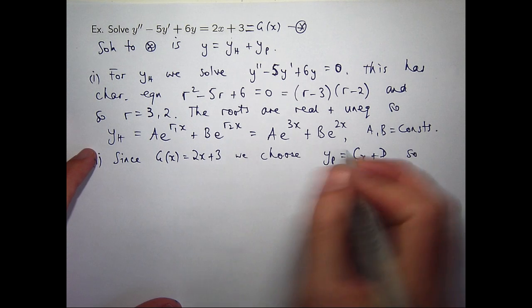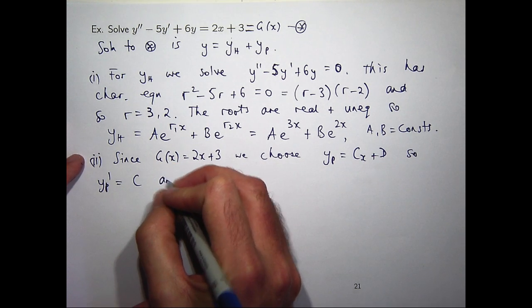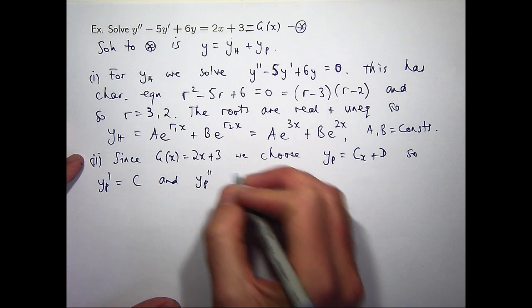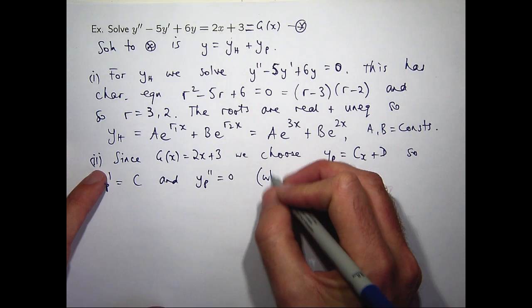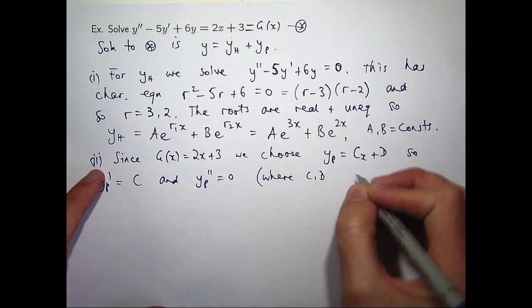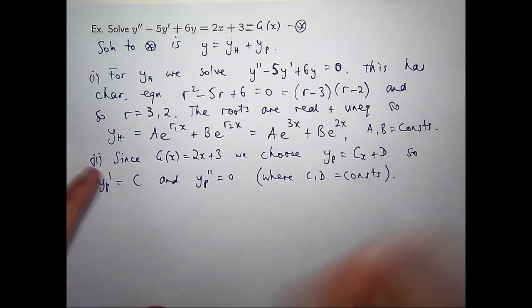So if I differentiate this, I'll get c. And if I differentiate again, I get 0. Okay, so let's back substitute into the starred equation.